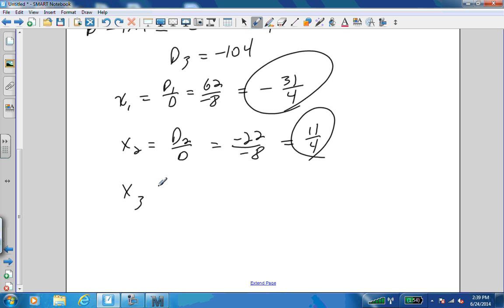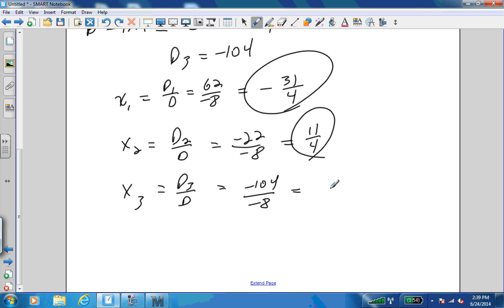And x of 3 is D3 over D. So negative 104 over negative 8. Let's see. Four goes into both of those.